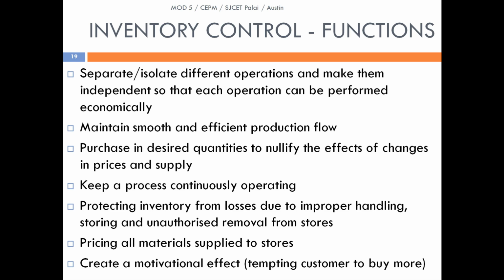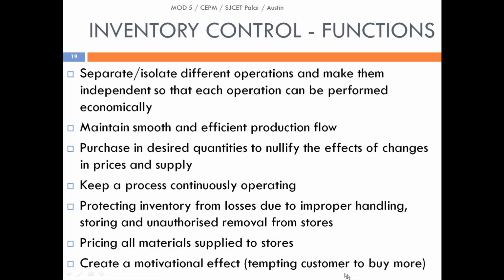The Best Buy company did not have this function, therefore they were not aware of the exact condition of their inventory, and they had to cancel orders. So next one is to create a motivation effect, tempting customers to buy more.